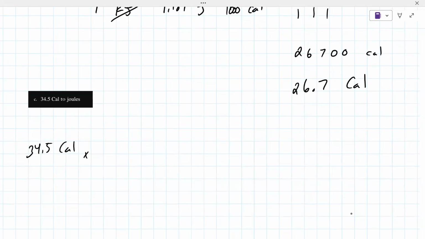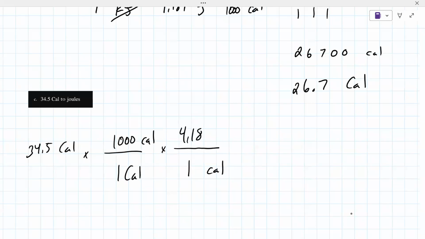You have to first go to little cal. One Cal is 1,000 lowercase cal, times one cal is 4.184 joules. So for this one, you just multiply straight all the way through and not divide?